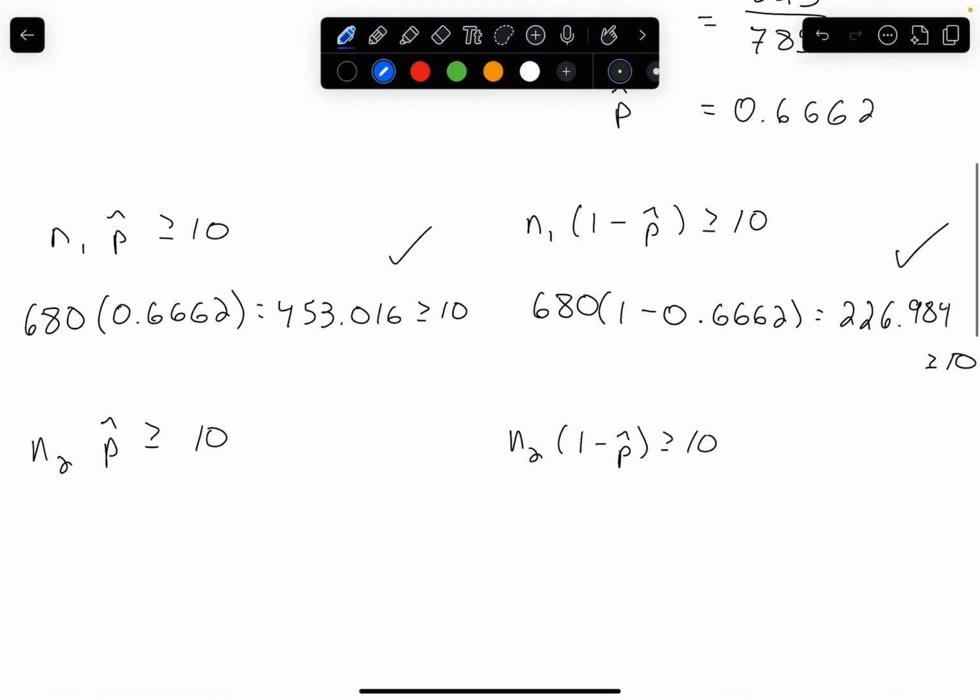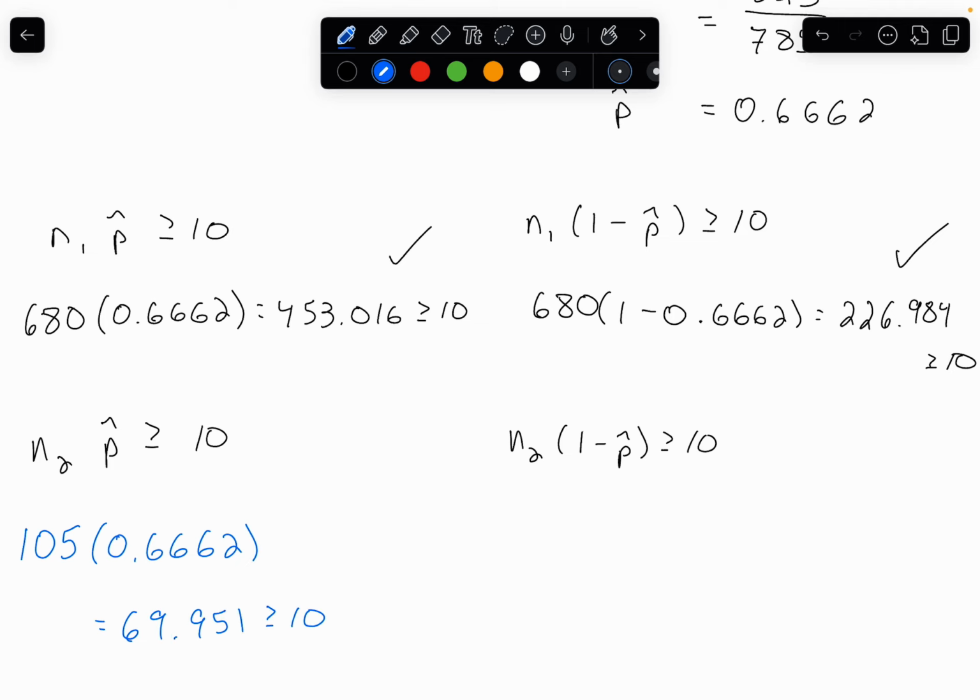Working with these down here, 105 times p-hat, 0.6662. Let's work that out. 105 times 0.6662, I end up with 69.951. That is certainly greater than or equal to 10. So yes, that condition is met.